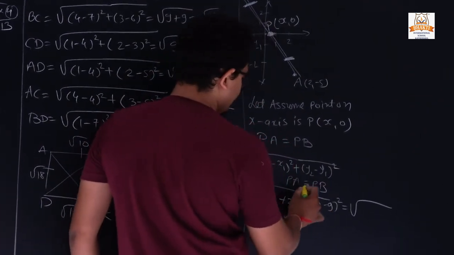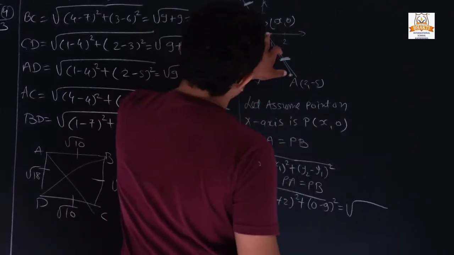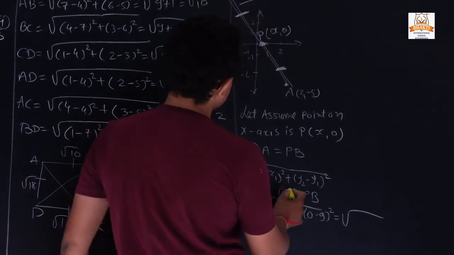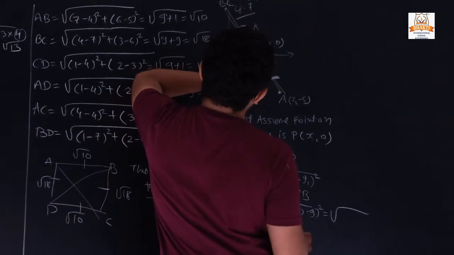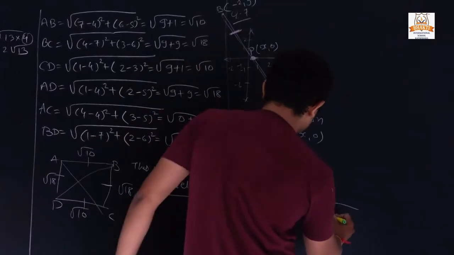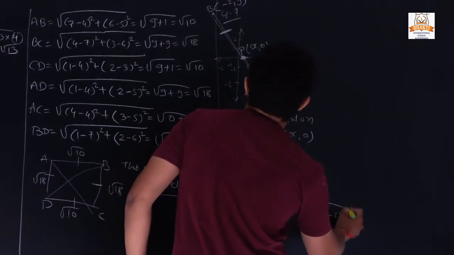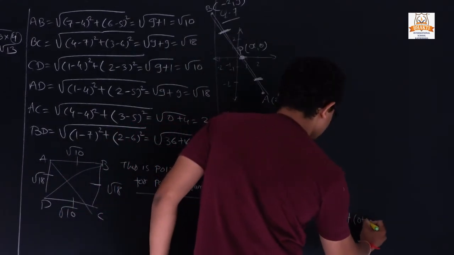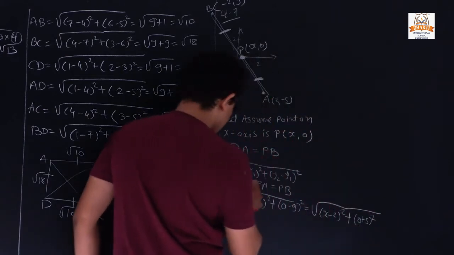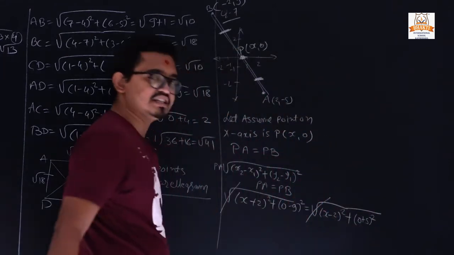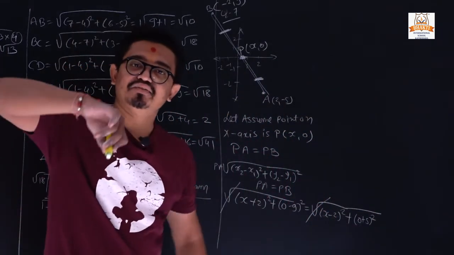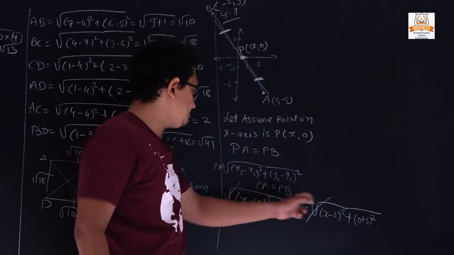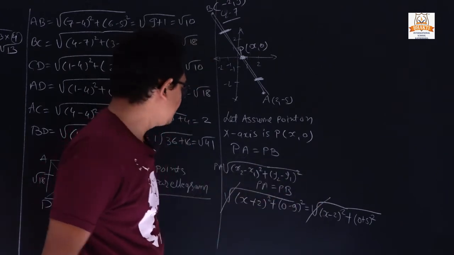Now it is PA: x minus 2 all square and 0 minus minus 9 all square. The square root is cut from both sides, because if we square both sides, these are cancelled.